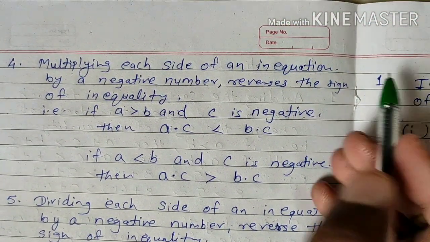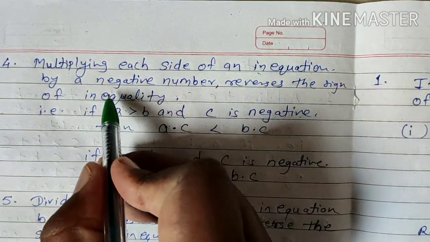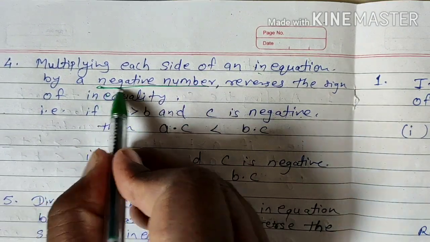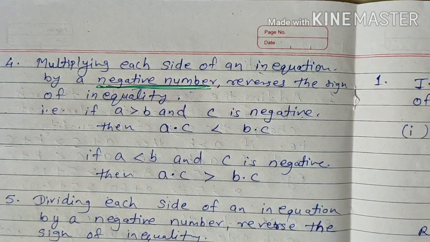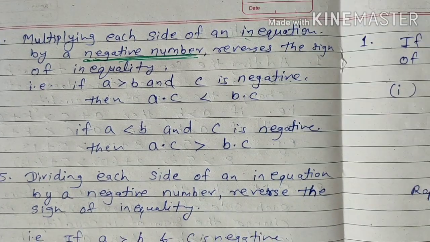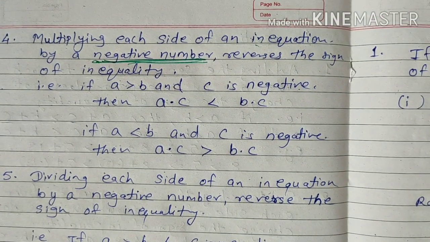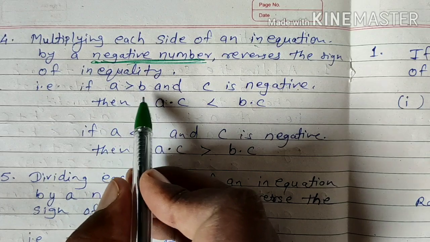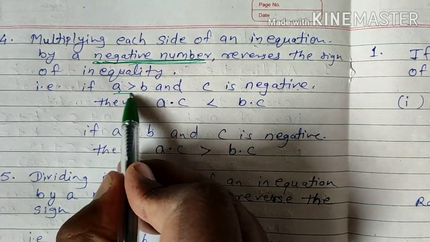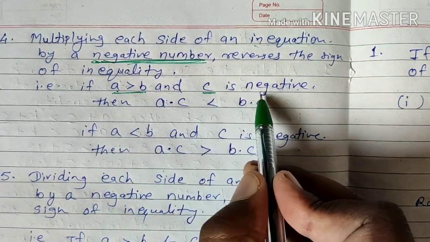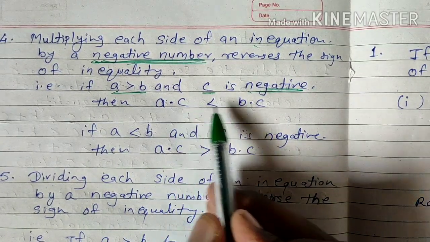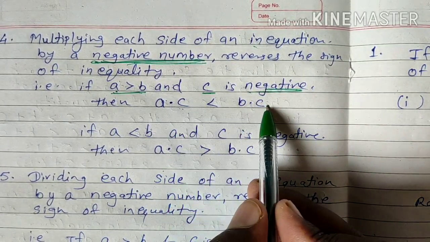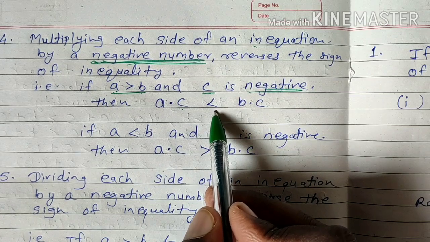Suppose we are multiplying each side of the inequality by a negative number. Now the sign changes. Okay, if we multiply both sides by any negative number, the inequality sign gets changed. For example, if A is greater than B and C is any negative number, then by multiplying by this negative number on both sides, the inequality sign changes.